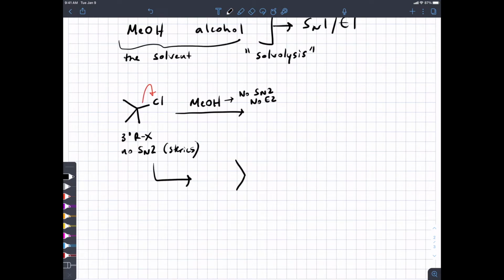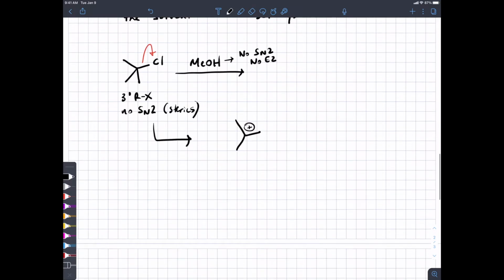We get the carbocationic intermediate, and then one of two things can occur. The weak nucleophile and weak base now has a super reactive intermediate to deal with, so the nucleophile can attack the carbocation.